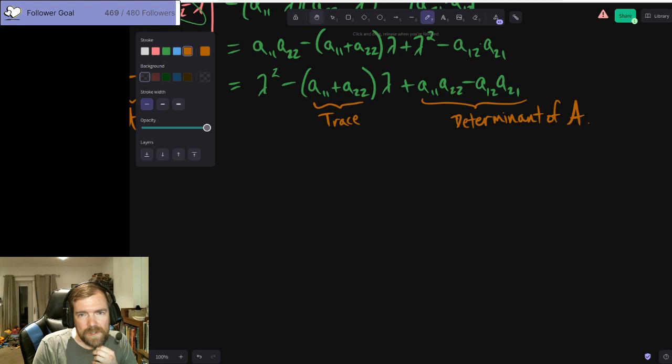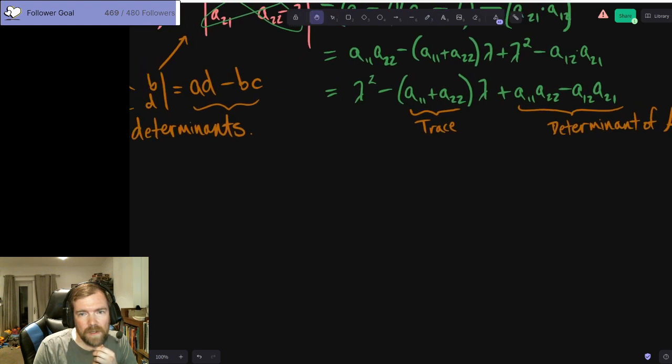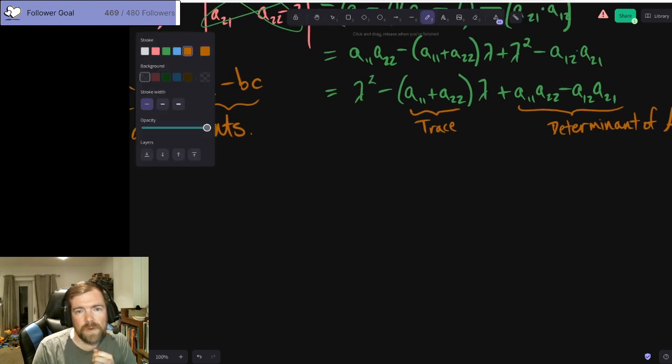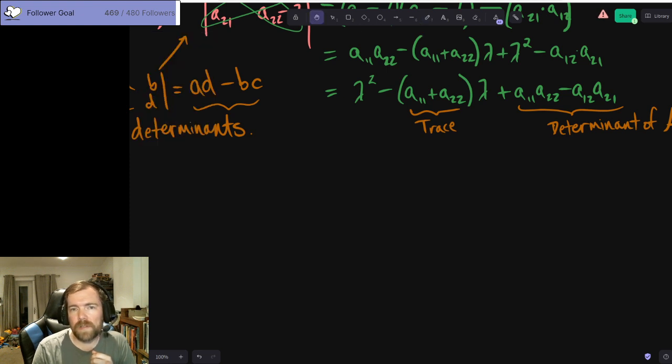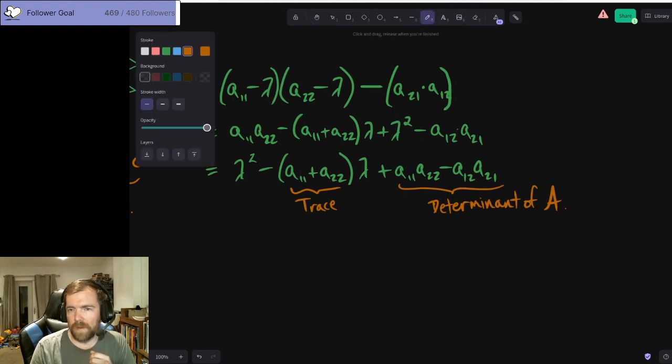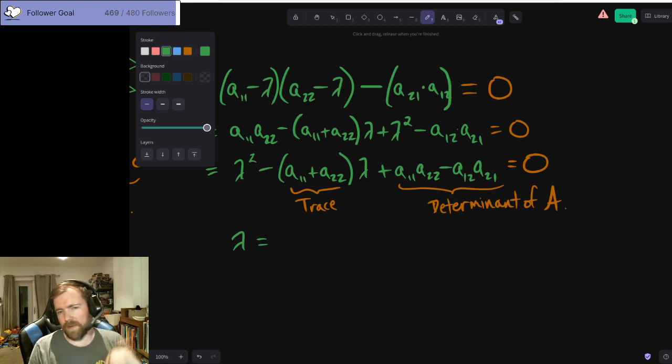Right, we want all of this stuff to be equal to 0. Which means we've got lambda is equal to, and we'll just go from here real quick, right?